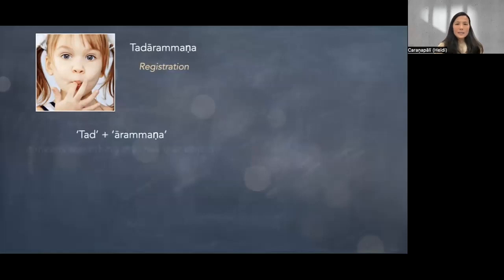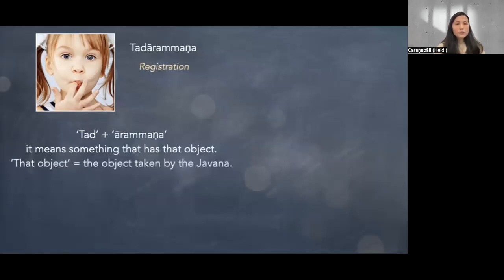Tat means that, and aramana means object. So tadaramana literally means something that has that object. That object refers to the object that is taken by the javana. That means the 2 registration consciousness, tadaramana, take the same object as the javanas.